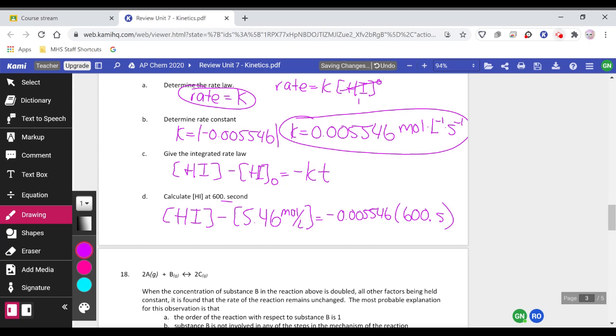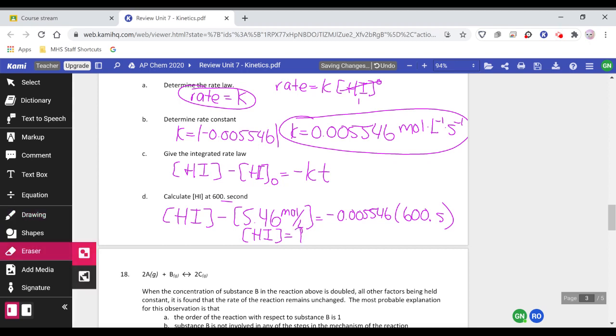So when I enter that on my calculator, I get a concentration of HI equal to 2.13 molar.